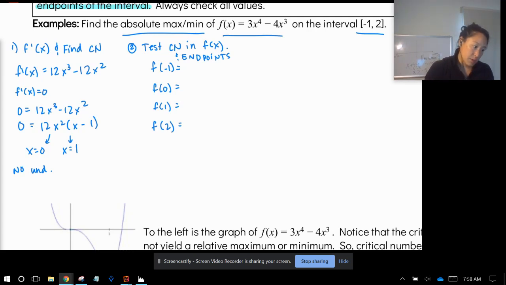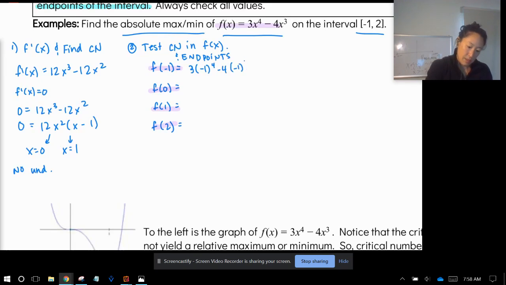Okay, so what we're doing is we're taking our original function here and we're plugging it in for each one of these. So I have 3 times -1 to the 4th minus 4 times -1 to the 3rd, and that equals 7.